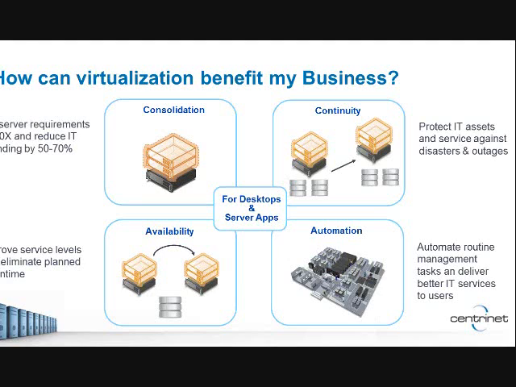Business continuity, protect against the major outages. How do I ensure access to my data in a serious event, catastrophe? And the automation of how do I utilize these features to reduce my cost, speed up IT, and makes it very flexible. One point you'll see here is I do mention desktops and servers.